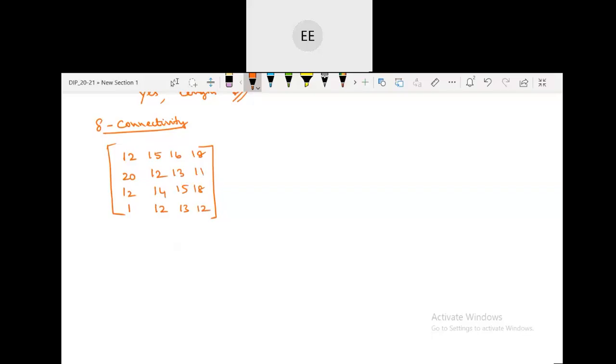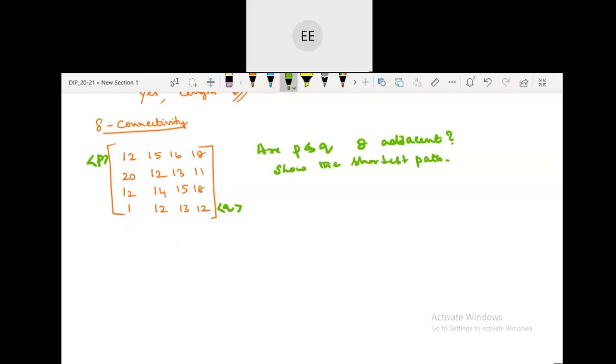So if I take this image, now again the question that I would like to ask here is, if I just call this pixel P and this pixel Q, are P and Q 8 adjacent? That is the first question. Your answer should be yes or no for this. If yes, show the shortest path and find the length of that path. So that would be the next part of the question. If yes, otherwise definitely there won't be any path.